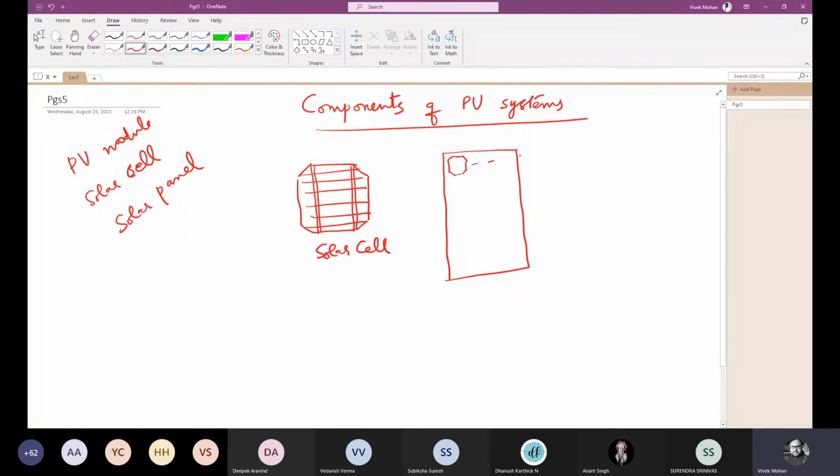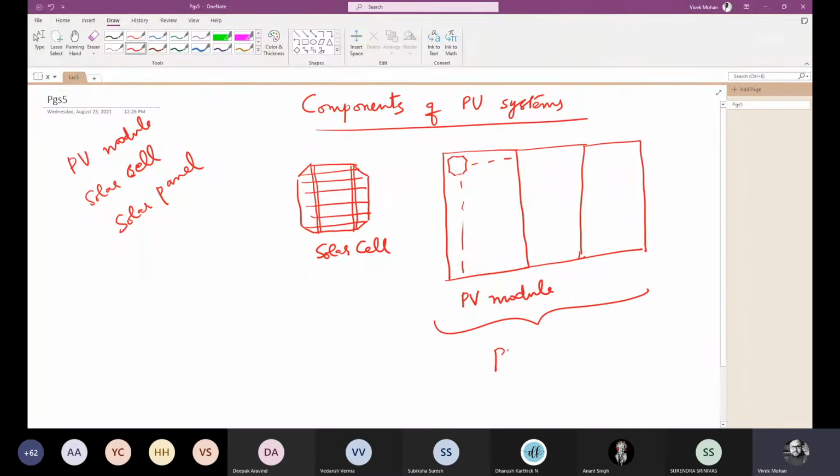Now, if multiple PV modules are electrically connected like this, then we call it a PV panel or a solar panel. Now if such PV panels are connected in series or parallel or different series-parallel combinations, they form a PV array.